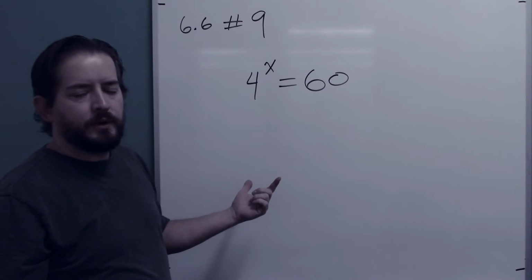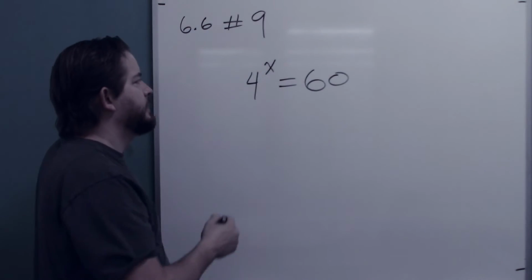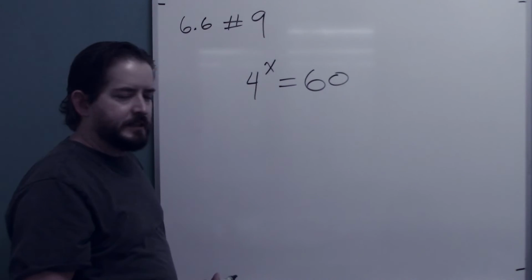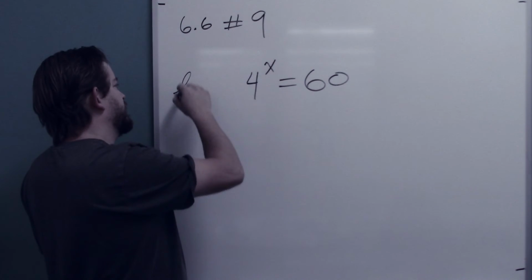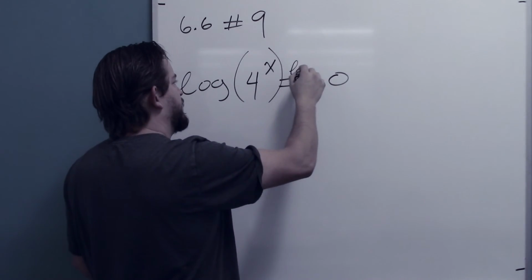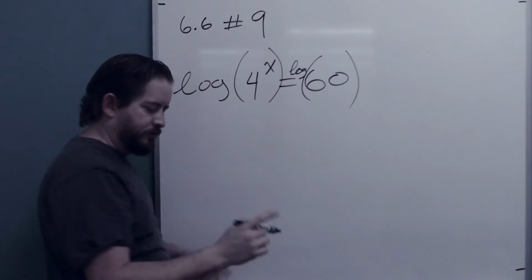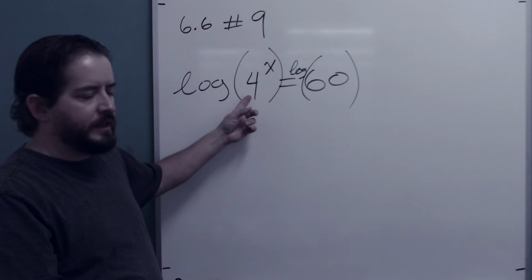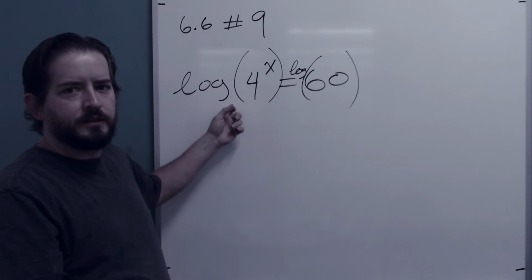So I just simply rewrite this as a logarithm, right? And in fact, I can take the log of each side. I can take the log of the left-hand side. I can take the log of the right-hand side. And instead of rewriting it in logarithmic form with a base of 4, I can just take the log base 10 of this.